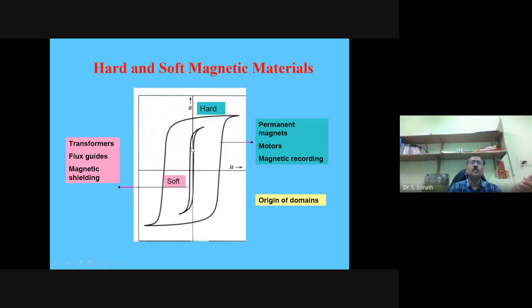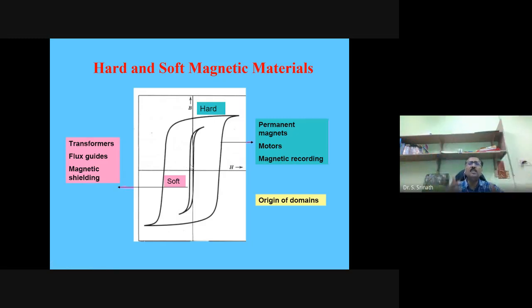When you use a transformer, you want to minimize the loss in energy, so you would like a material with a very small hysteresis curve, or a small coercive field. You should be able to switch back and forth without much loss in energy.